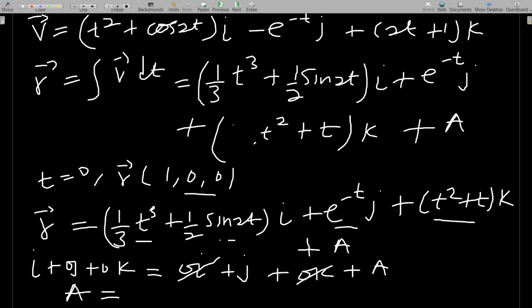So it means that a will be equal to this i, so I don't consider the 0i. Then I have to take this j to the other side. I have i minus j plus 0k. So it's simply i minus j. That will be my a. So I put the a here and add it to the position vector.